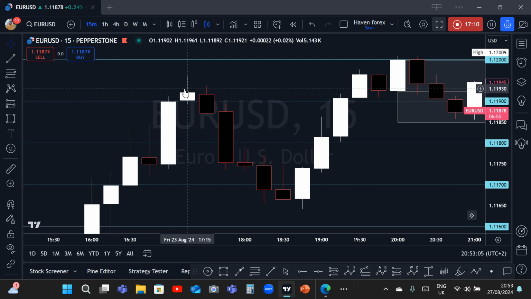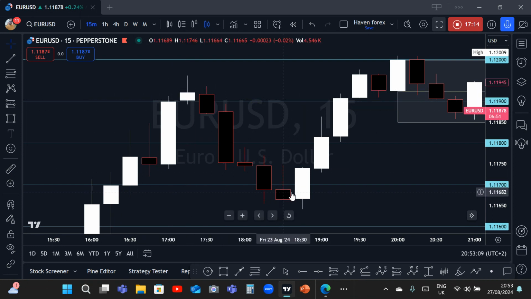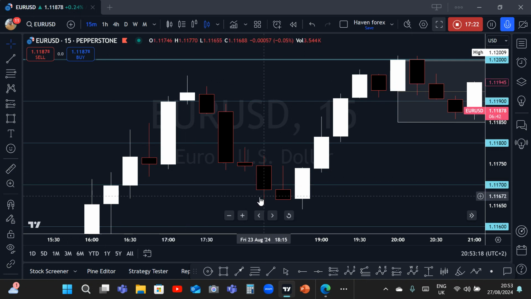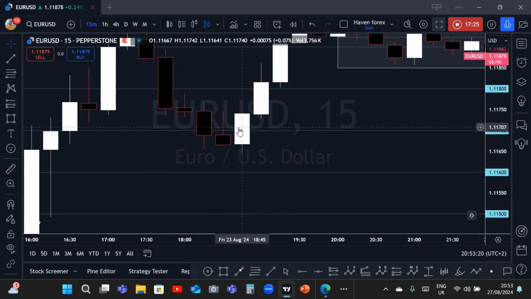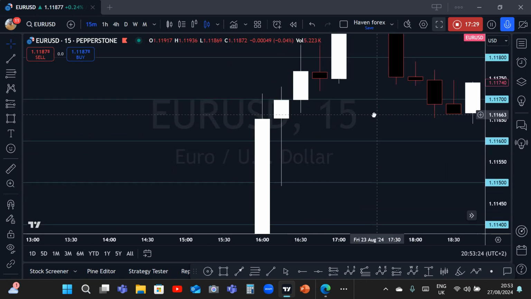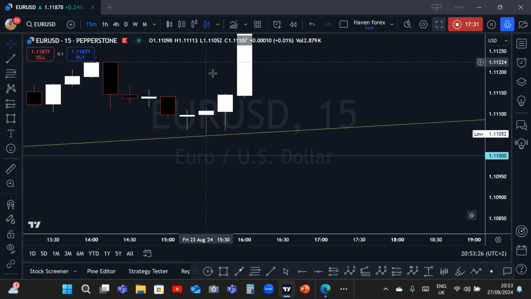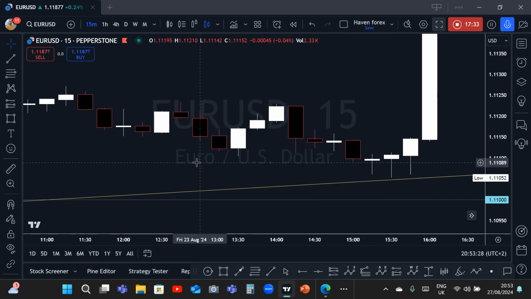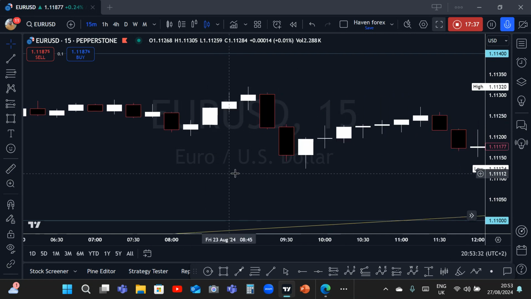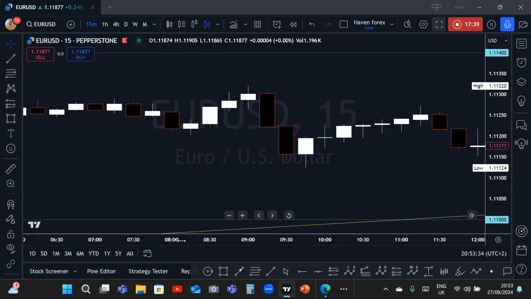Look at another one here. This is what we call an evening star. Evening star, morning star. Here, look at it, immediately it got to this place it formed, there was a change in trend. It got to this place, it formed again, there was a change in trend. So guys, there are so many. But if you don't know them, it will be very difficult for you.